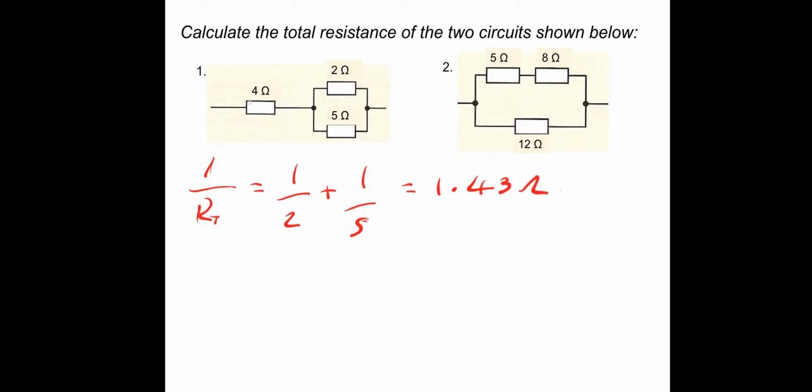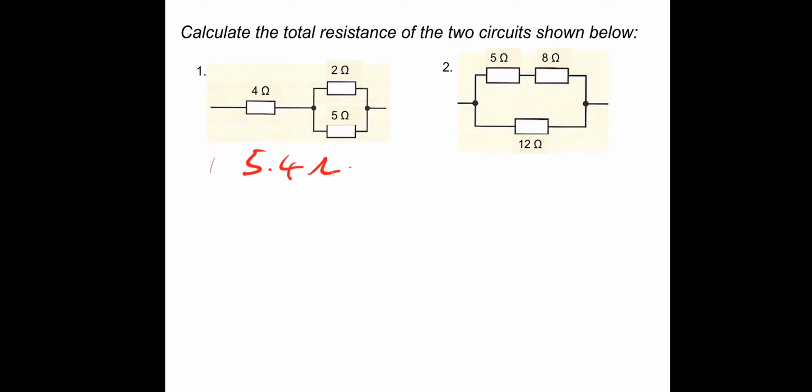That should do. And then we simply just add the 4 ohms. You could just leave the value in your calculator, add 4 as they're now in series, and we get 5.4 ohms. So the first one is 5.4 ohms.